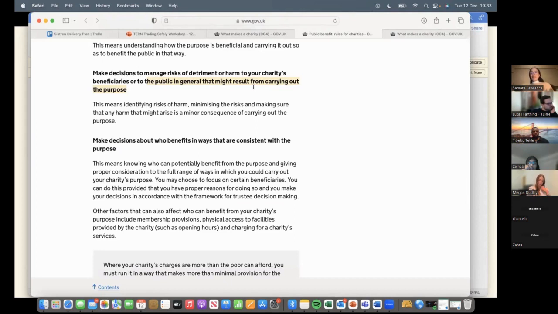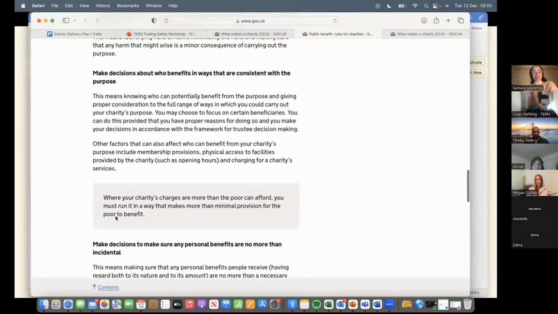So they wouldn't say an organization against animal testing is charitable, because it's not for the public benefit. It's a very niche example, but basically, not everything that's good is charitable, unfortunately, and not everything you think might be public benefit is. So it's definitely worth looking at this.